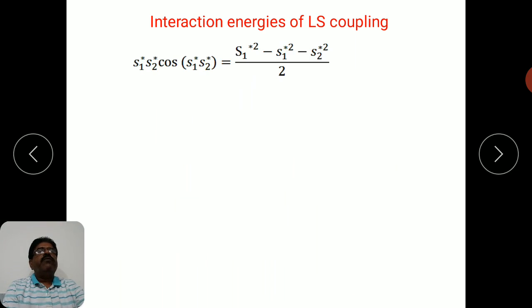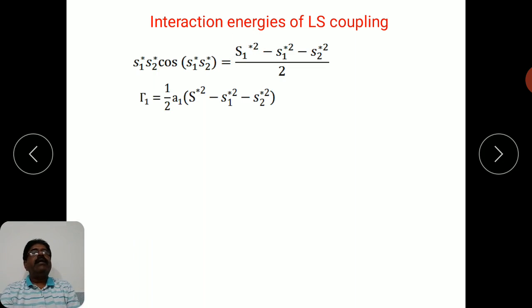Okay, so from this we can write S1 star S2 star cos of S1 star S2 star equal to, if you rearrange the terms in the earlier equation, S star square minus S1 star square minus S2 star square, upon 2. You can say instead of S1 it should be S only. This is a slight correction you can consider here. This capital S represents the spin momentum for the entire atom, and that should have no suffix at all.